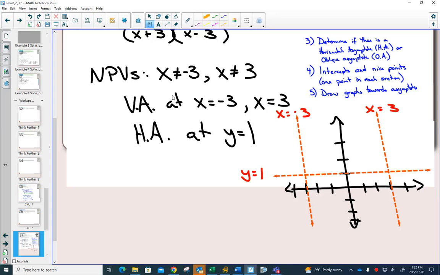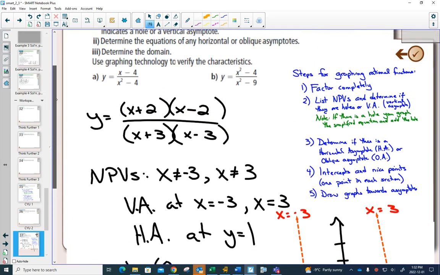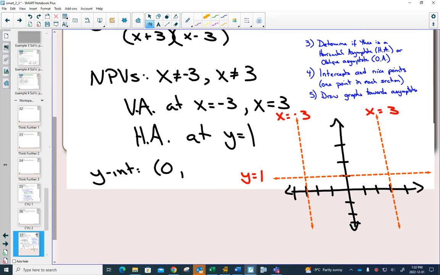And we need some nice points. Again, the easiest one is your y-intercept. Plugging in 0 for x, I go back to the original equation. I get -4 over -9, which is just 4/9. Find that point.